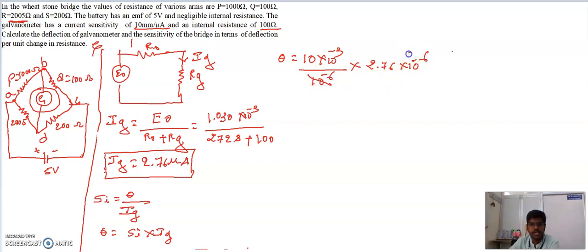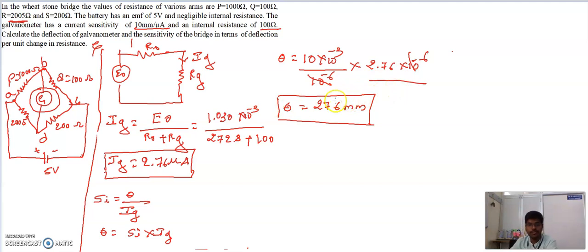This 10 raised to minus 6 and this 10 raised to minus 6 get cancelled, and theta equals 2.76, that is 276 millimeter. So it will have a deflection of 276 millimeter when the current is 2.76 microampere.